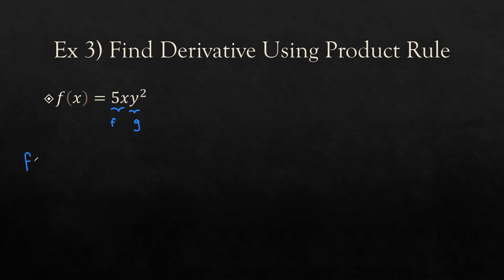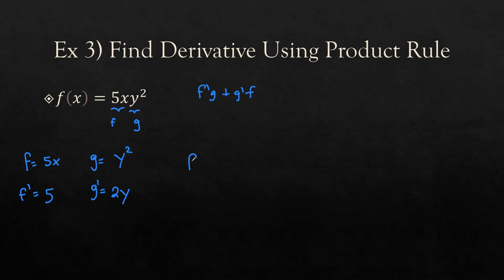So we said that our f is 5x, so f prime is just 5. And then g is y squared, g prime is 2y. Product rule is f prime of g plus g prime of f.